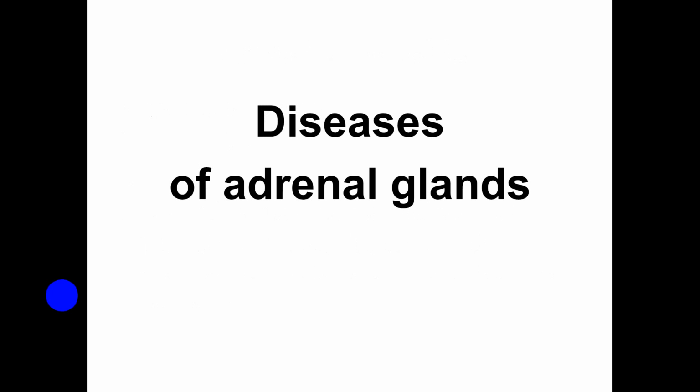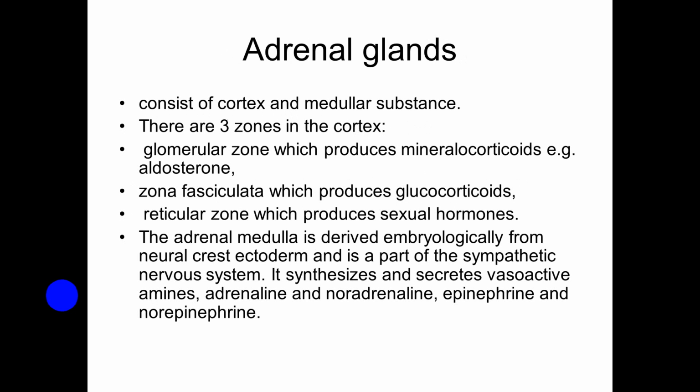Pathology of the adrenal gland. You know that the adrenal gland consists of the cortex and the medullary substance. There are three zones in the cortex: the glomerular zone, which produces mineralocorticoids, for example aldosterone; the zona fasciculata, which produces glucocorticoids; and the reticular zone, which produces sexual hormones.